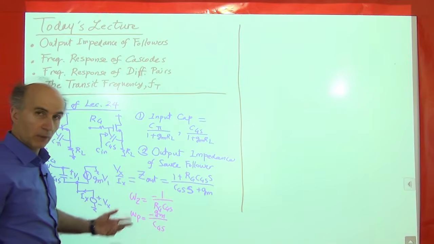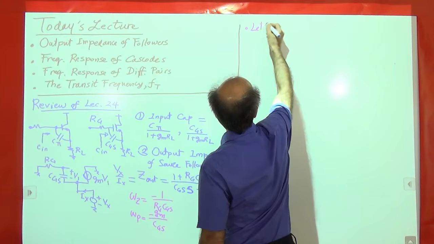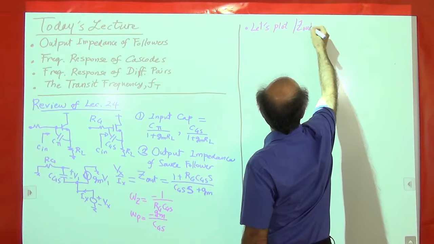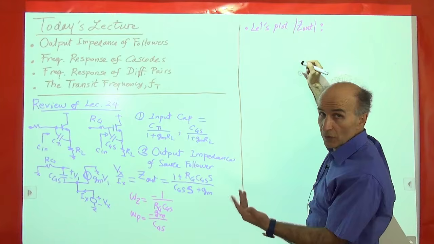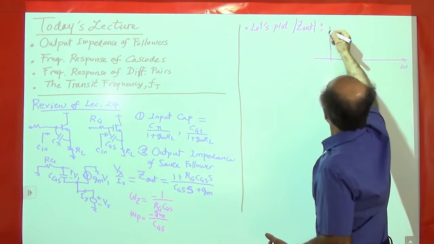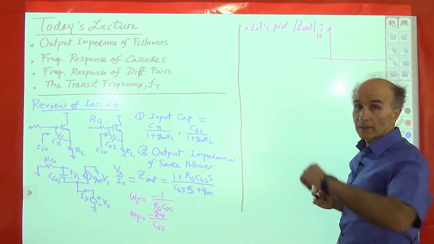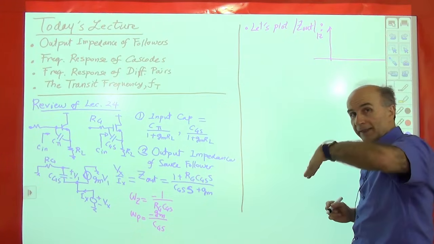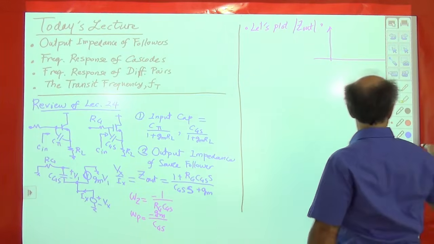So that's the pole and that's the zero. Okay, so let's plot the magnitude of Z out. So Bode says that it's very easy. You just start at low frequencies and we go up, and every time we reach a zero, the slope deflects up by 20 dB per decade. Every time we reach a pole, it deflects down by 20 dB per decade. So that should be straightforward.